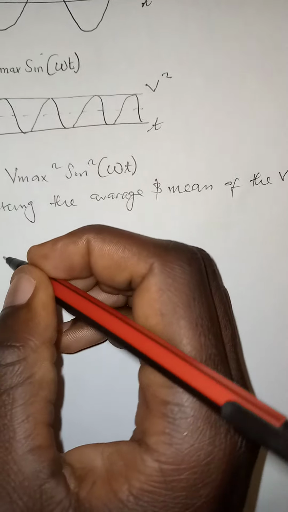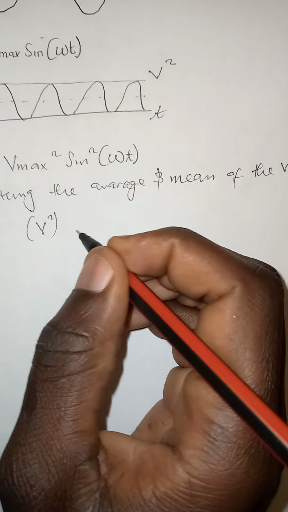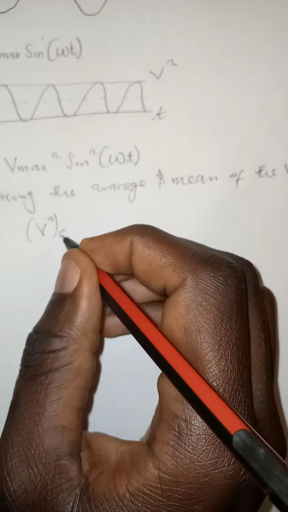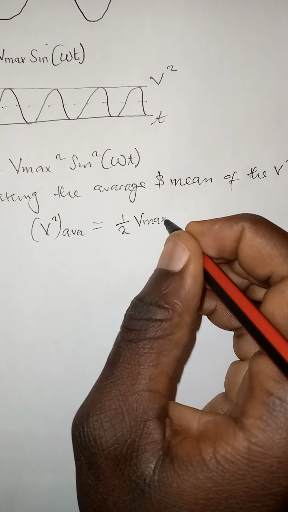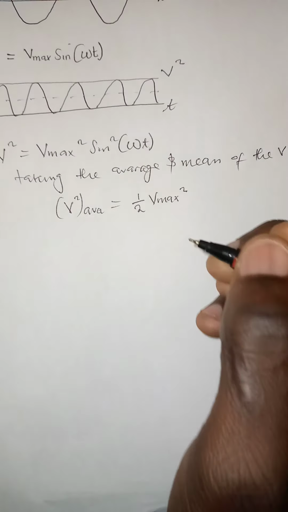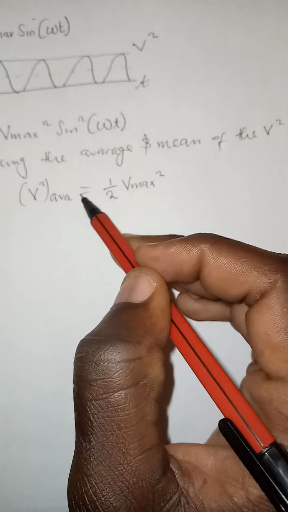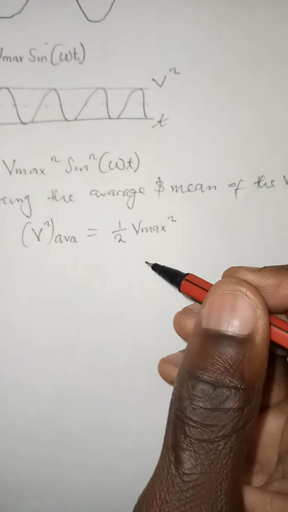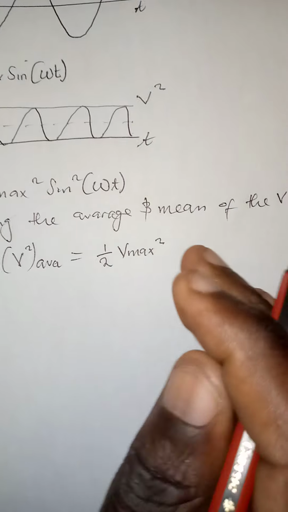So we take the mean and the average, which will equal v max squared, like this. So we are taking the mean and the average of this, which is simply this half. I'm writing here for better understanding. So this is what we'll end up getting.